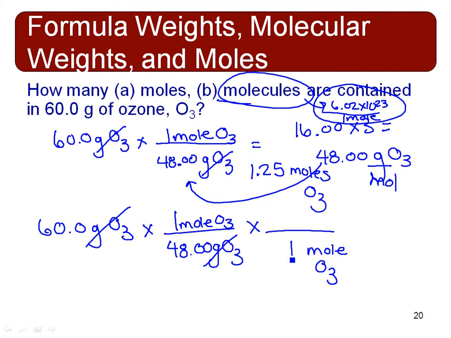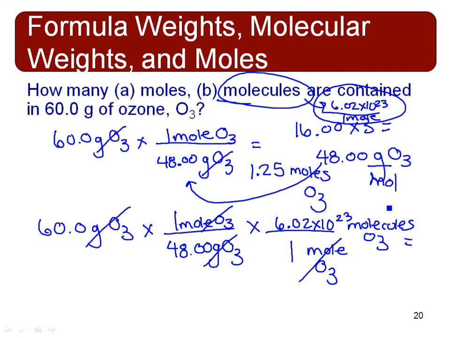So we have 1 on the bottom, and then we know in 1 mole we have 6.02 times 10 to the 23rd molecules of ozone. So now our moles cancel. We have molecules of ozone left uncrossed out, and on the top it's got the right units, so we can stop there.